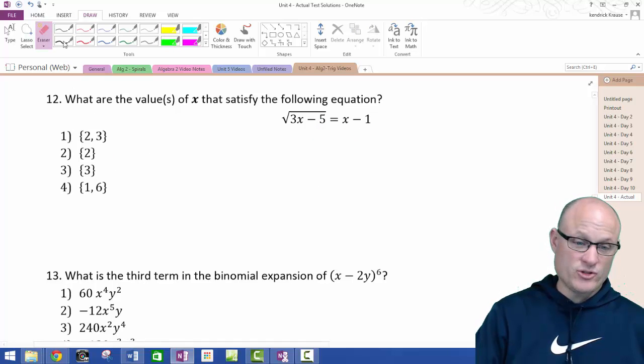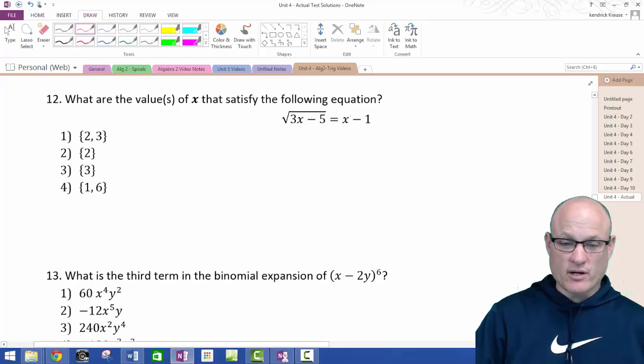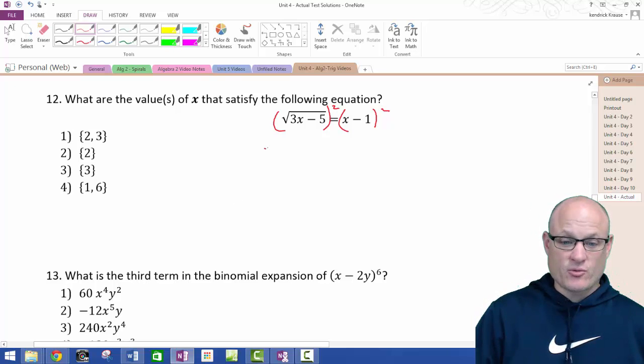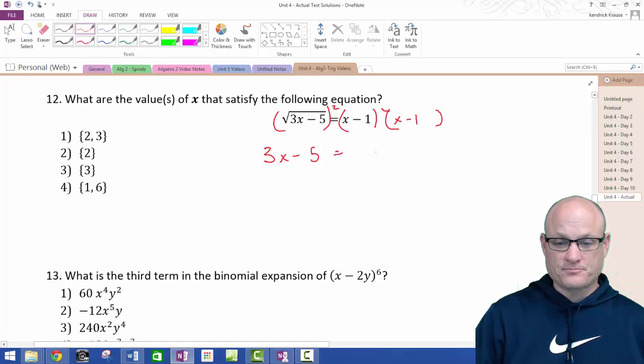But we should check. We're going to do it the right way and just make sure. Squared. Squared. All you had to do is type those in your calculator to see if they worked. This is just 3x minus 5. This one I'm going to double distribute. X minus 1, so I get x squared minus 2x plus 1.